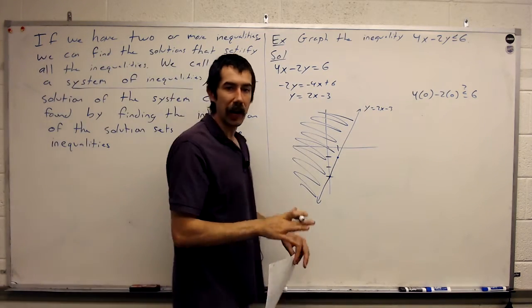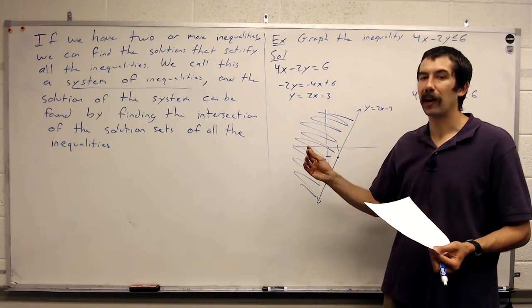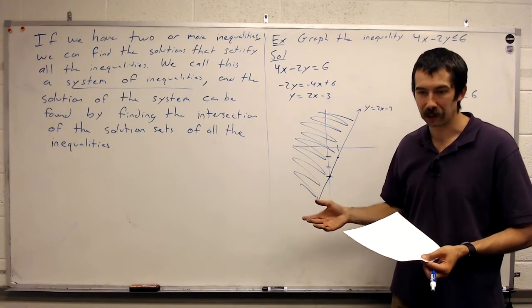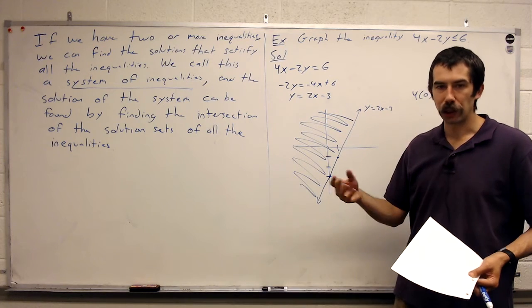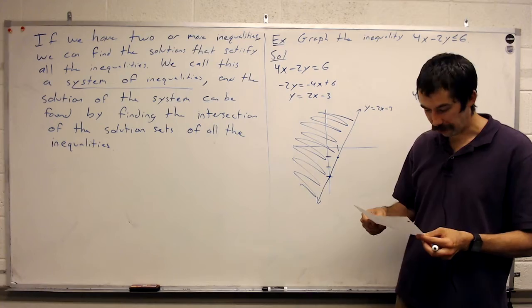All right, so we're going to find a bunch of these shaded regions, and we want to find the points that are shaded every single time. If they're only shaded once, then we're not going to include it. It needs to be shaded every single time.